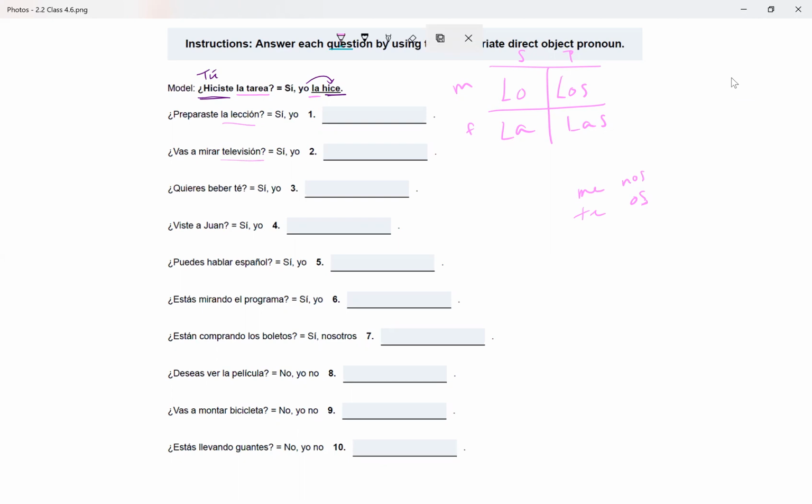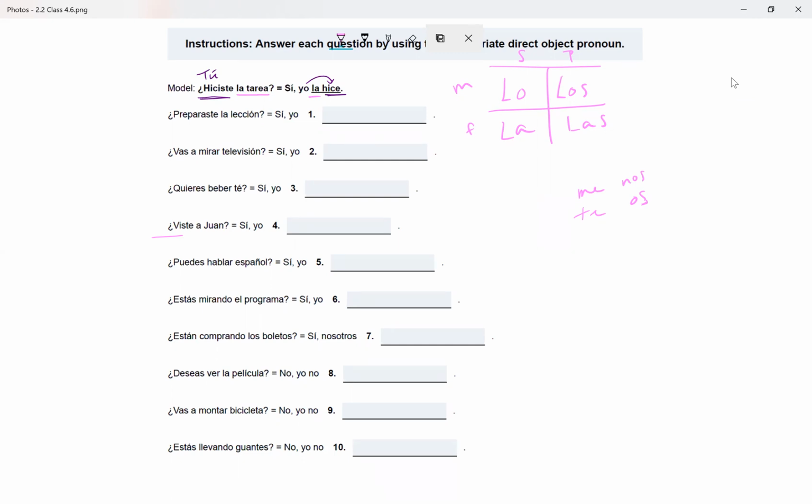Those are actual items, not people. Sometimes they are people. Okay, so we're gonna do a few of these together, and then I'm gonna ask you guys to work on some on your own, and I'm gonna ask for volunteers. So I think we'll do probably the first four together. Okay, so let's look at these.